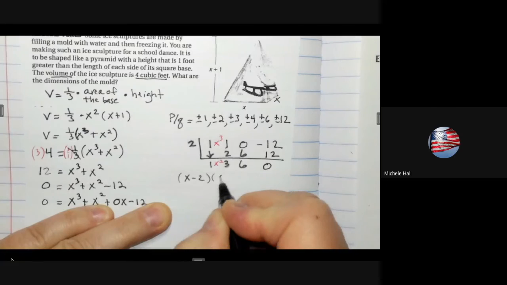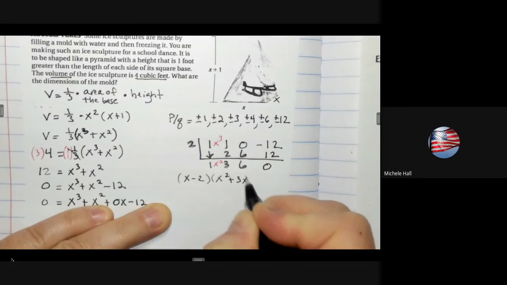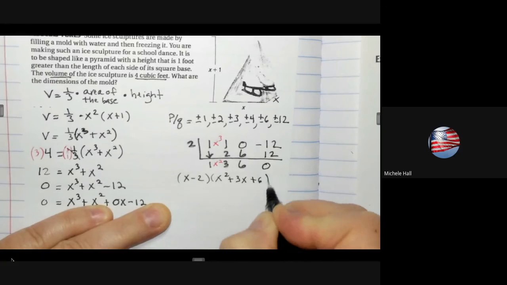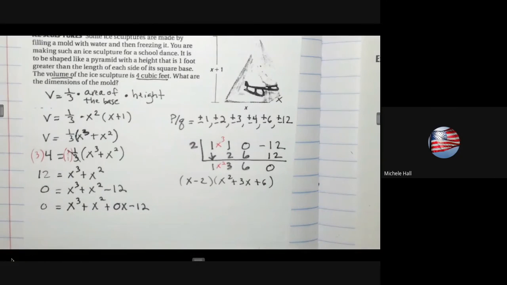And we have x squared plus 3x plus 6. We're looking for factors of 6 that are going to add to 3. 6 and 1, 2 and 3. Those do not work, so we need to use the quadratic formula.